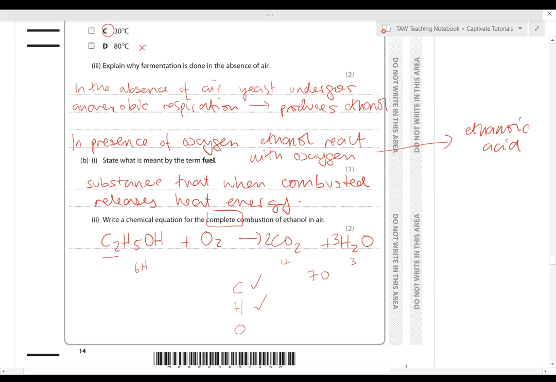Now the area that's easy to mess up here is to forget about the oxygen, which is in ethanol. So we've already got 1 oxygen there. So that's 1 of our 7 oxygens. So we need 6 more. And to get 6 oxygen atoms out of O2, we need to put a 3 in front of it there.